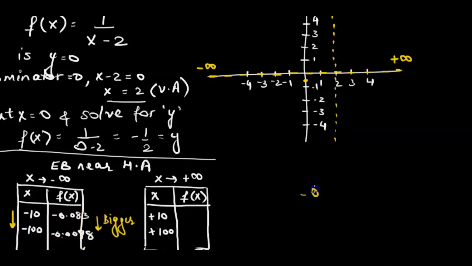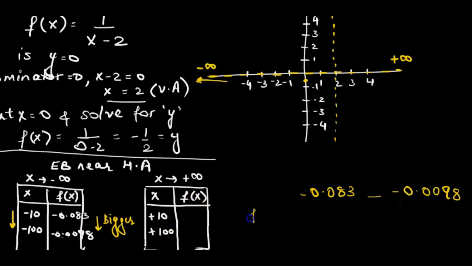Because we are comparing negative 0.083 with negative 0.0098. We know that when it comes to negative numbers, the smaller the number, the bigger is the value of the number. So we can say that the graph is approaching the horizontal asymptote, or it is becoming a bigger value on the left side. Now similarly, we would find out the behavior on the right side.